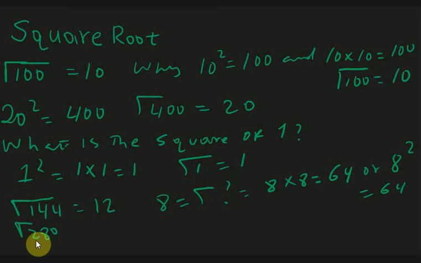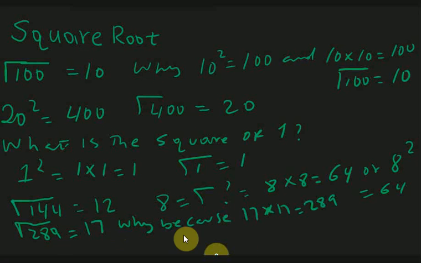What about the square root of 289? 17 times 17 will give you 289. If you take the square root again, you get back to the original number 17, because 17 times 17 is 289, right?